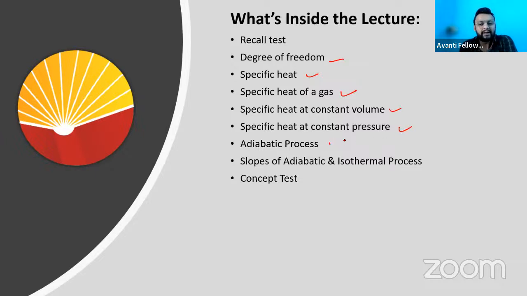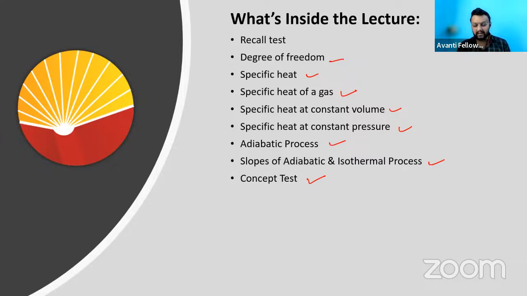Then we will study the adiabatic process and their slopes. After that, there will be a simple concept test for you, which is going to be a previous year question of Mains. And after that, we will summarize the things. And that's it for today's session. Okay, so let's start our journey.